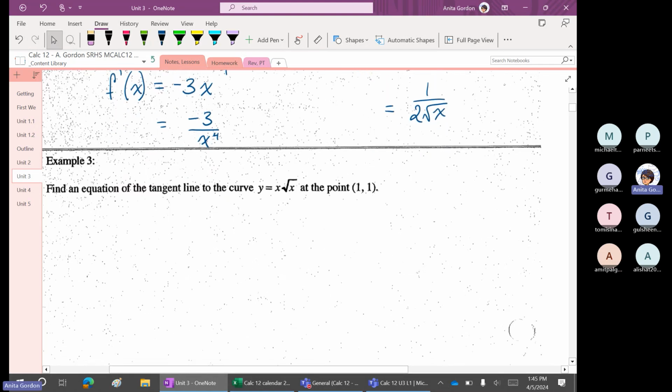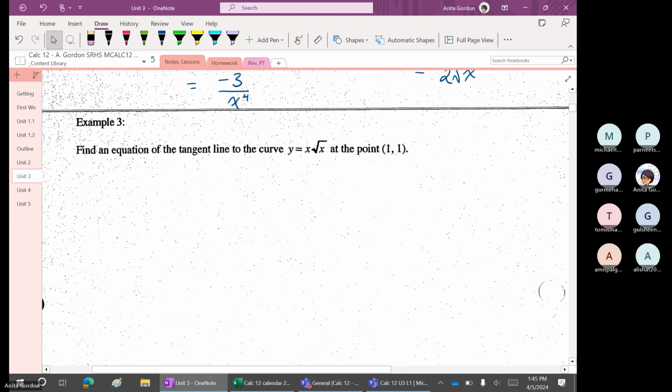Okay, let's do a hands-on example here. Again, we want to work smarter, not harder. Is there a way I could rewrite this as a single exponent? Think of our exponent rules.